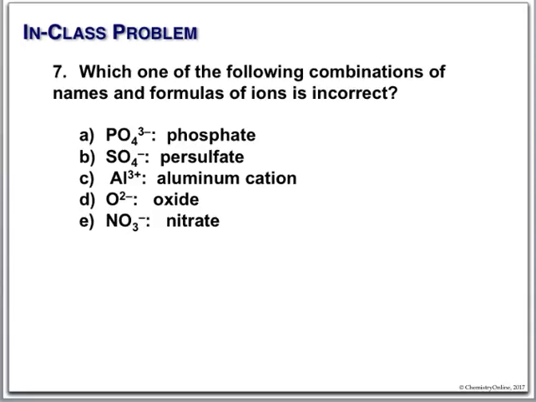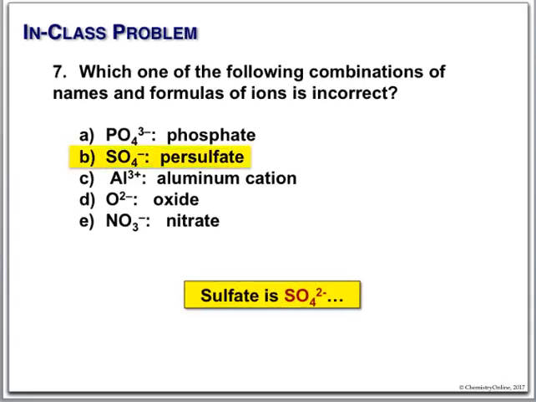Not only that, this isn't persulfate, this is just something else. It's just wrong. Nitrate, NO3 1 minus, PO4 3 minus, this is phosphate. The one that doesn't fit is the sulfate. Remember, sulfate is SO4 with 2 negative charges.